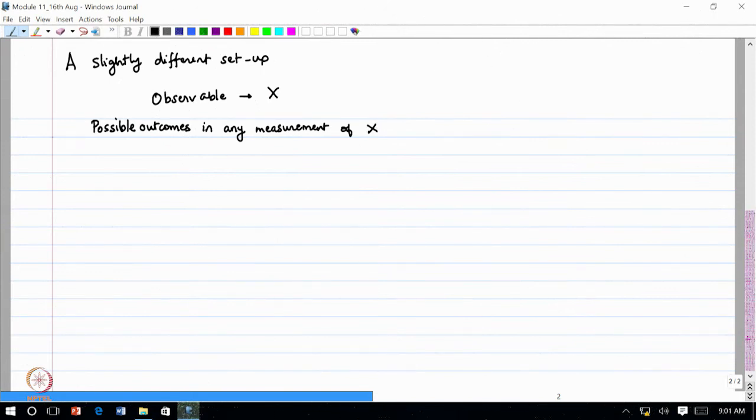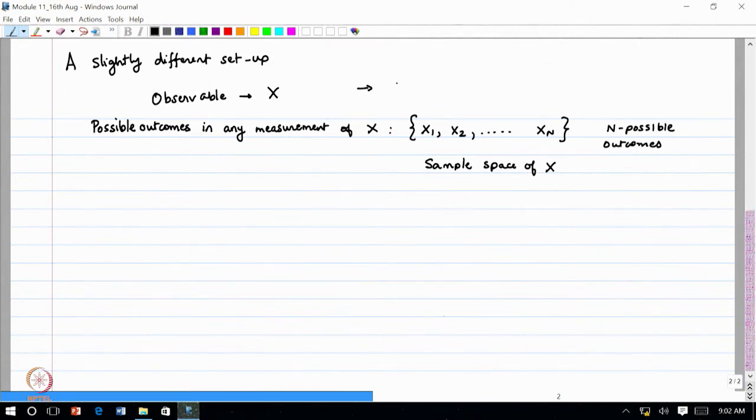If you make a measurement of x, then you have only n possible outcomes, and they are x1, x2, up to xn. This set of n possible outcomes is sometimes called the sample space of x. I'll just jump ahead a bit and say that x is called a random variable.